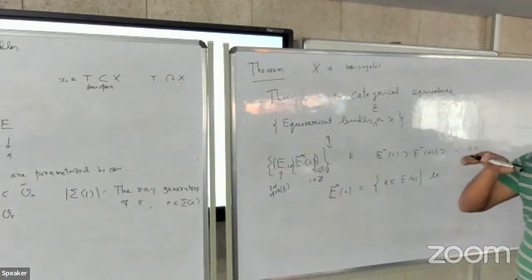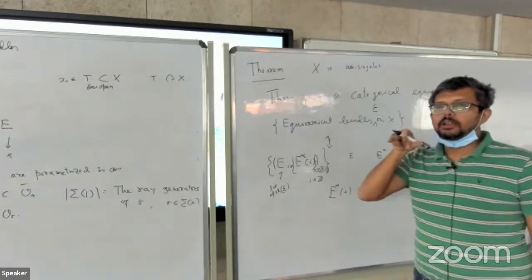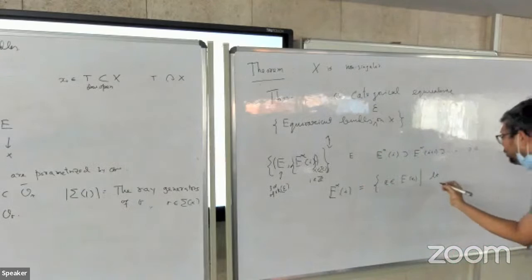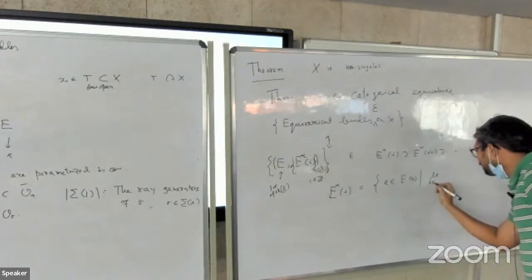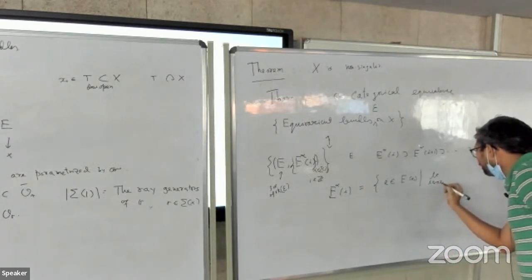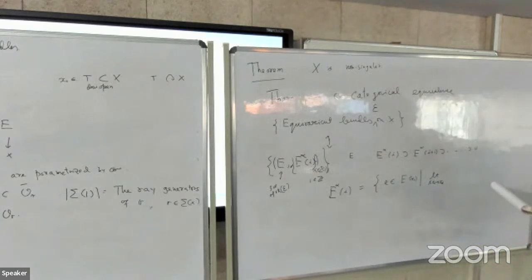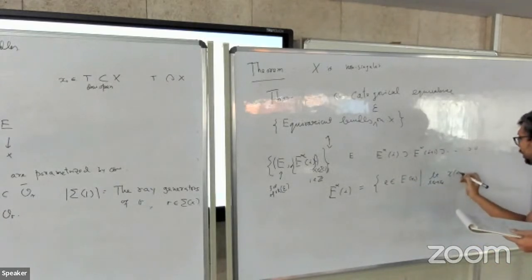So, because it is in the boundary, you can go via T. So you consider only those T which takes X naught to X alpha. Right.